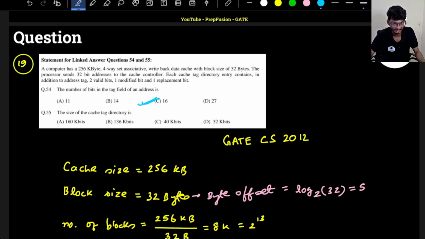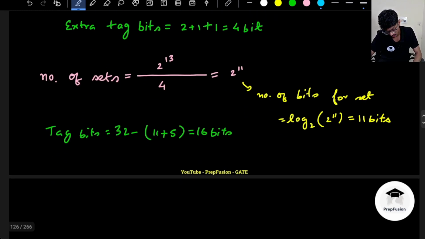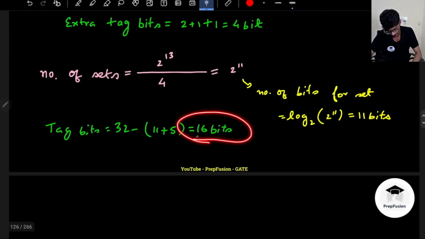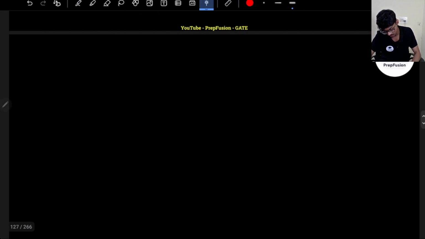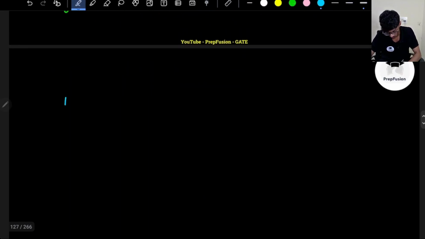But what is the tag directory size? The tag directory size will be different. It will be the tag bits I already have plus the extra bits, that is 4 bits. Ultimately I have to store it in the directory, so the total will be 20.